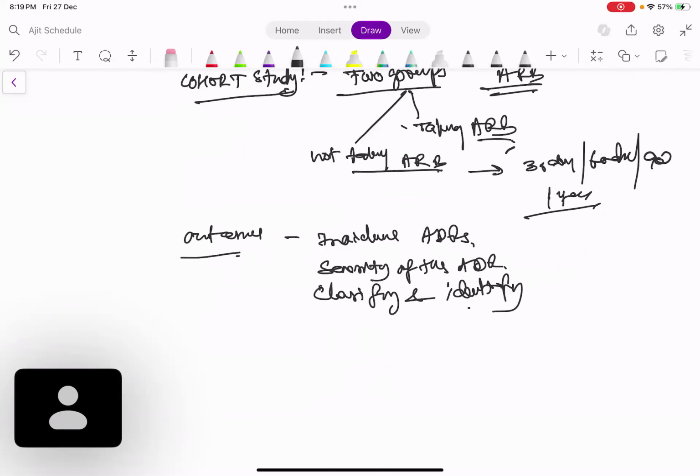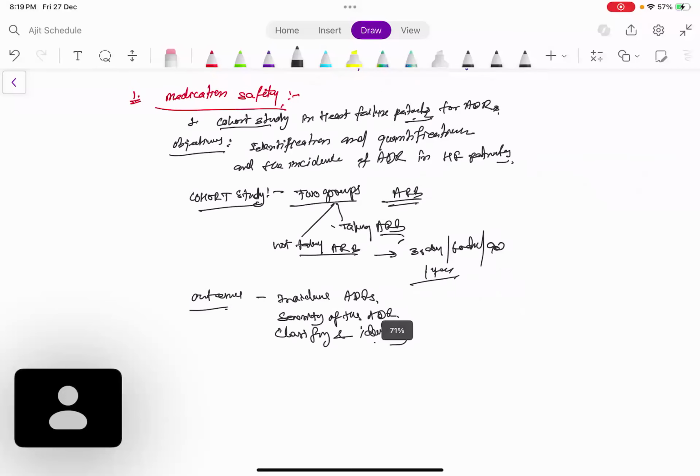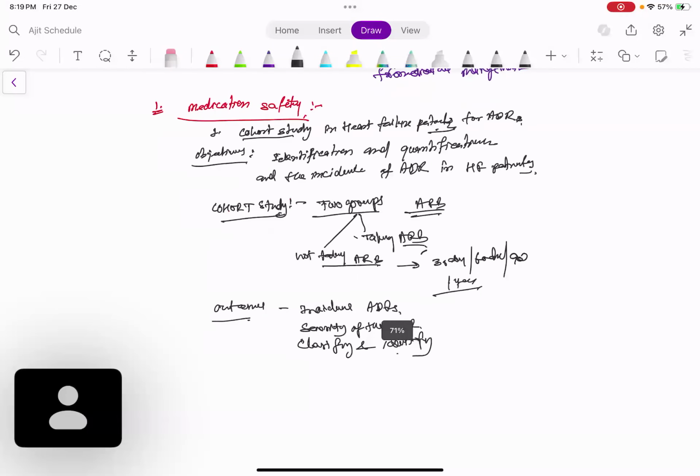And for an exact example, you can do a cohort study evaluating the risk of gastrointestinal bleeding in patients on high dose NSAIDs versus low dose NSAIDs. Comparative studies you can also do.